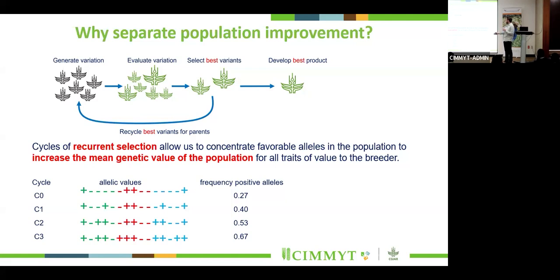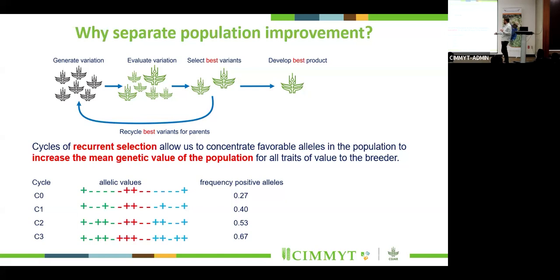But you can see, if we have a population and we've increased the frequency of positive alleles, we've concentrated them really strongly in this population. If we bring in material from outside, the allele frequency is going to be maybe where we started out, maybe worse. But we're going to dilute this and make this less effective.